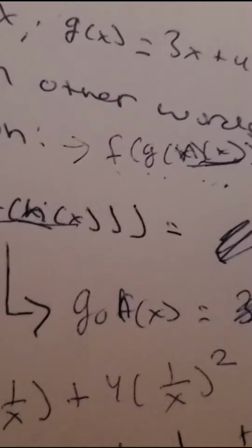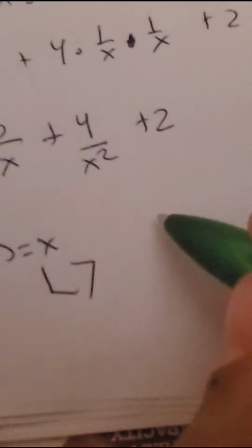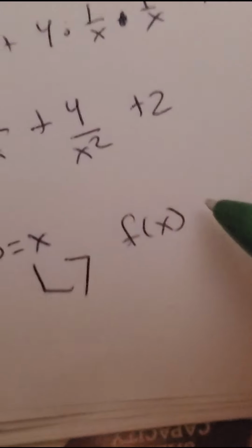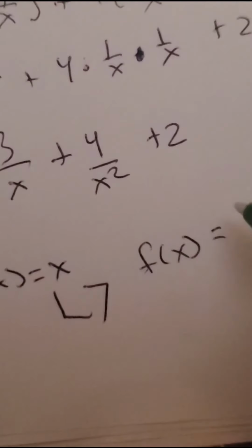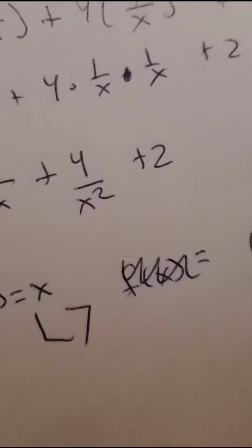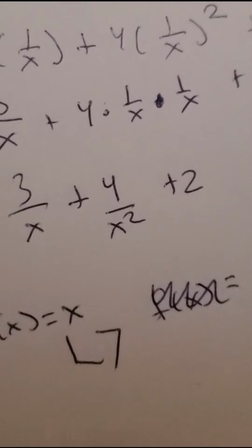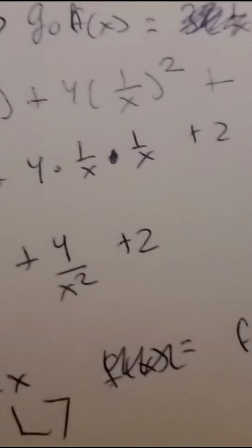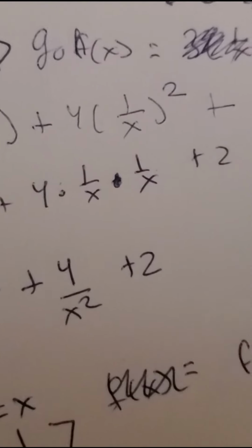And we plug this all into f. So f of x is equal to x. Sorry guys, you can't see that. So f of g o h is equal to g o h of x in this case.